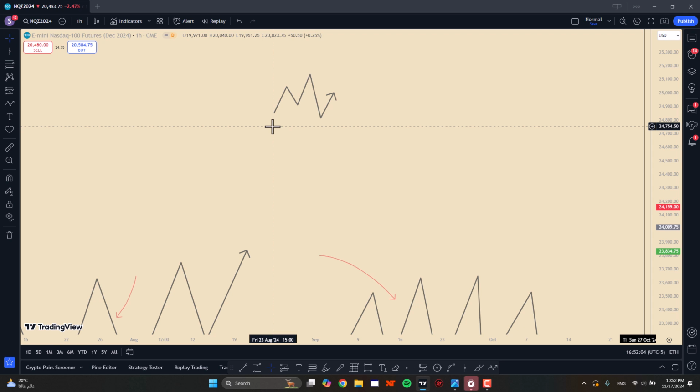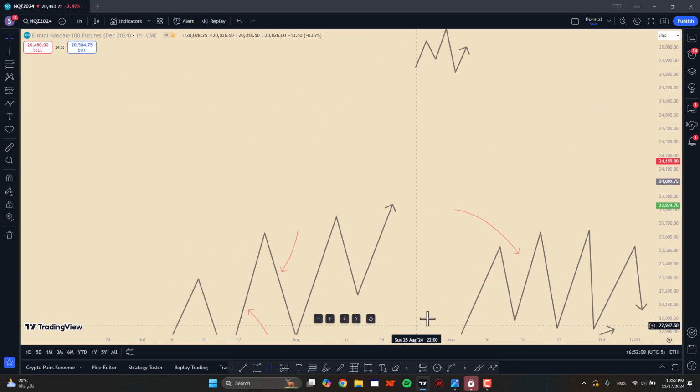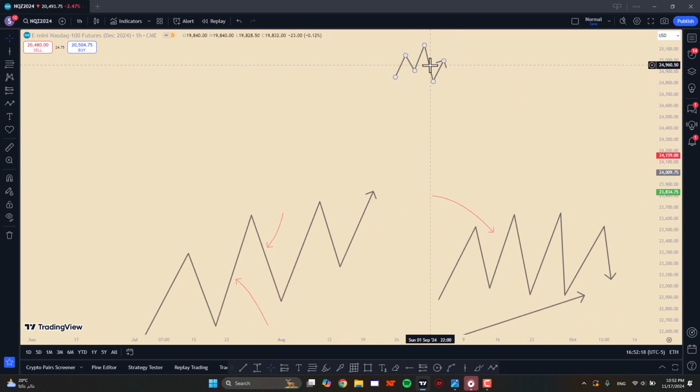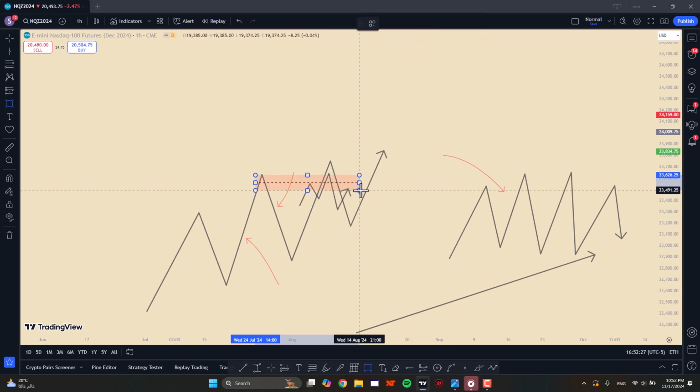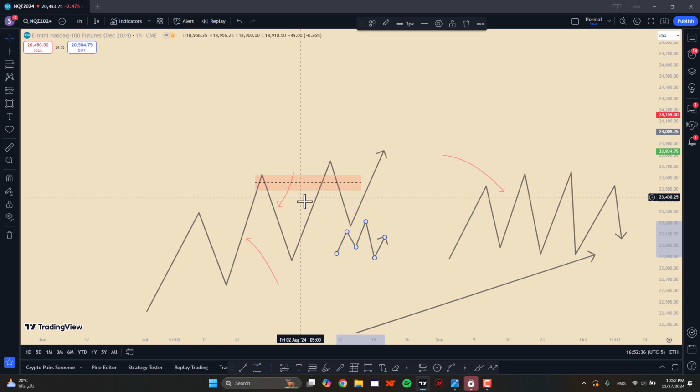Some of them worked, some of them lost, right? Let's say for example that this flip pattern happened somewhere around this right here. Again, this is the 1 minute, and this structure is the 1 hour.